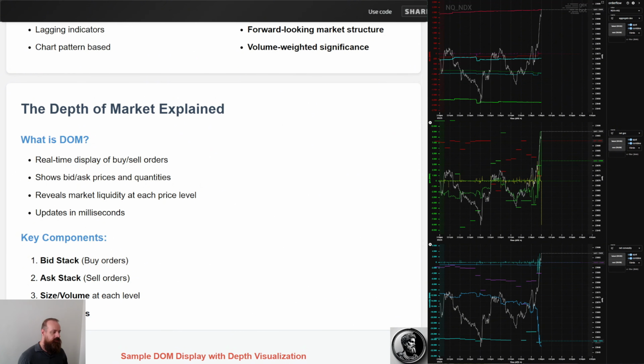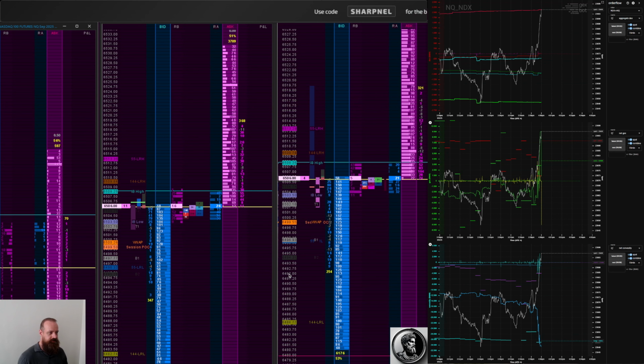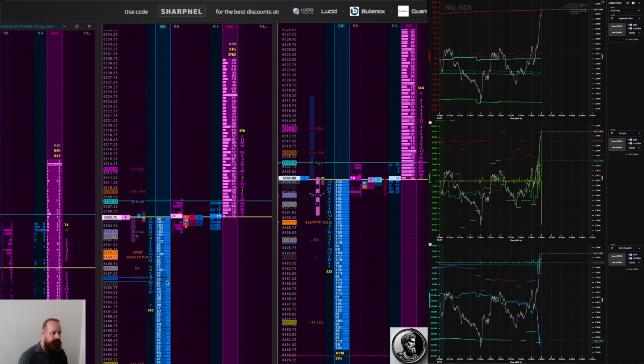But how I look at it is basically looking at a live auction. Think that you're at Wall Street at the stock exchange, and everybody is shouting, "Hey, I want to buy," and "Hey, I want to sell." That's what you see over here, and there are people that want to buy at this level, and some people want to sell on this level over here.